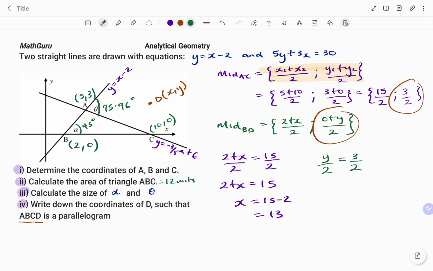And if I multiply both sides by 2, I have y equals 3. So therefore, the coordinates of D will be D having an x coordinate of 13 and then a y coordinate of 3.